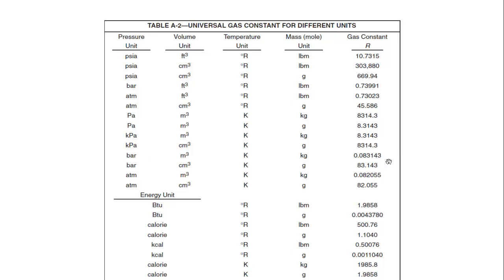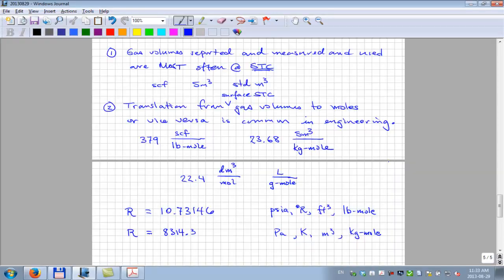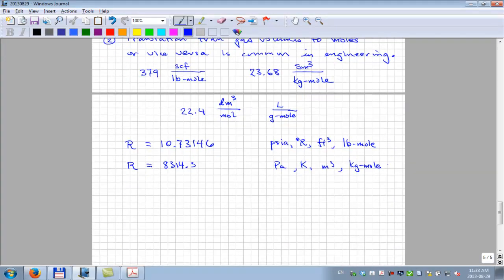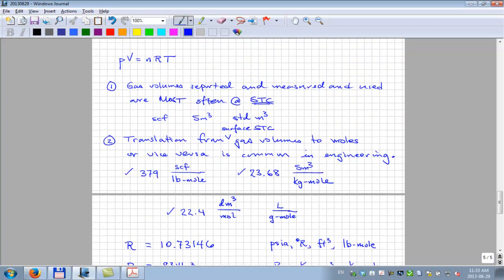So if you want to use bar instead of Pascal. Okay. So you basically need two of these numbers with units, and with those numbers you should be able to make a calculation that verifies these three numbers as being approximately right, very right, or we need some adjustment. Okay, and we do that all from this ideal gas law.